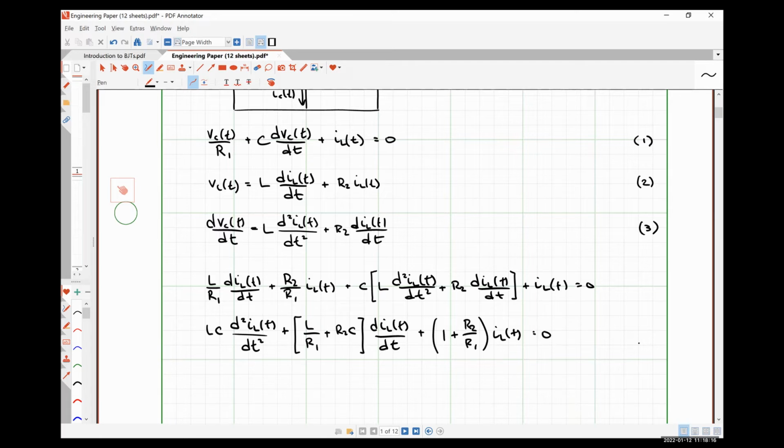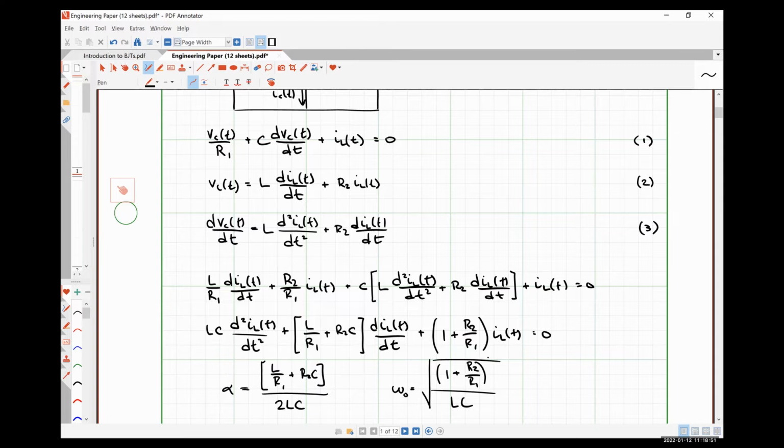And so what we will find is that alpha is going to be (L over R1 plus R2C) divided by twice LC, and omega naught will be the square root of (1 plus R2 over R1) divided by LC.